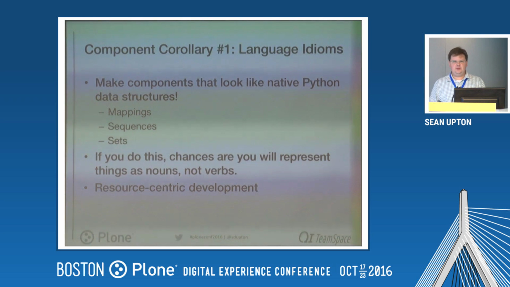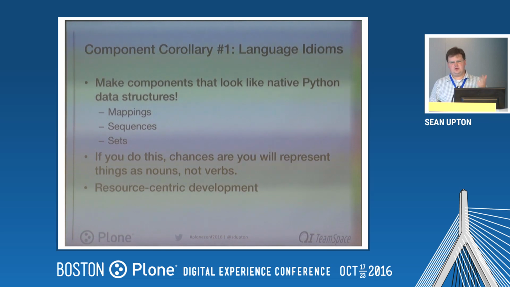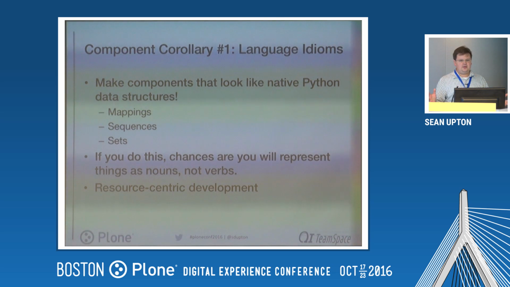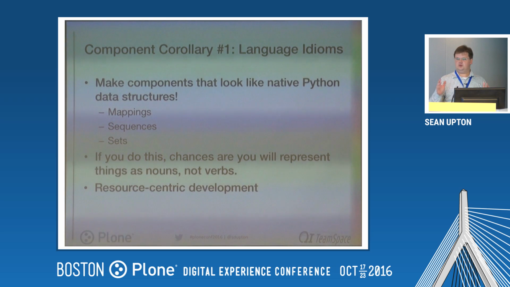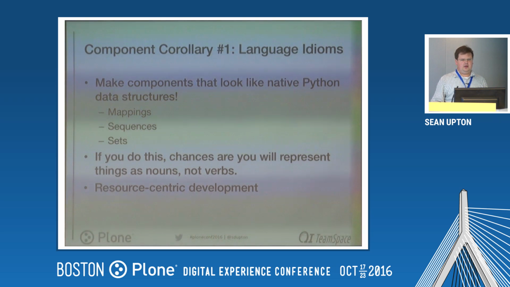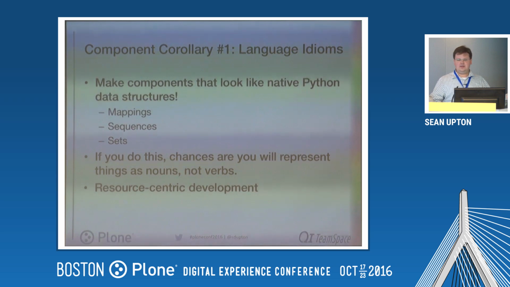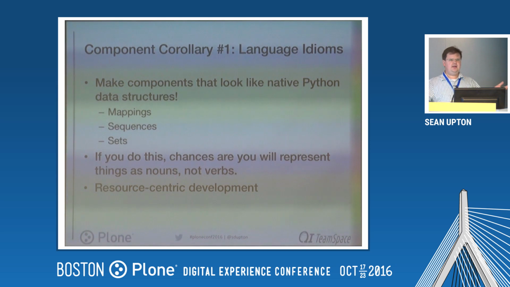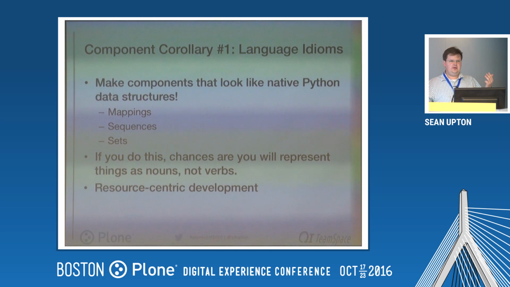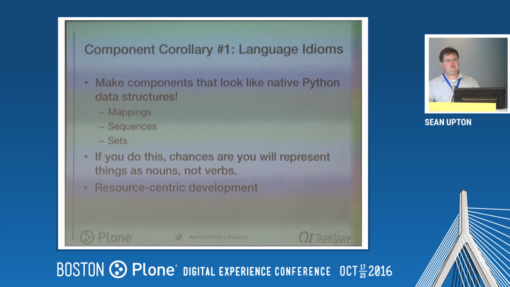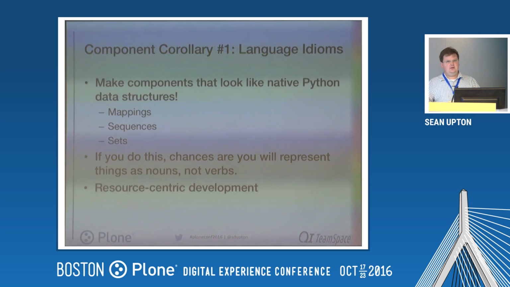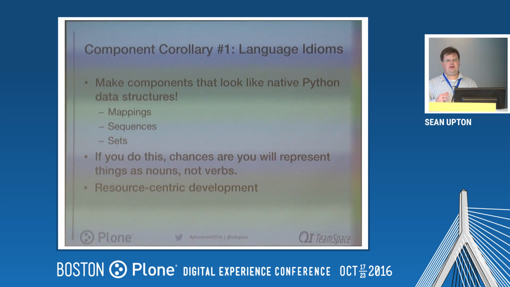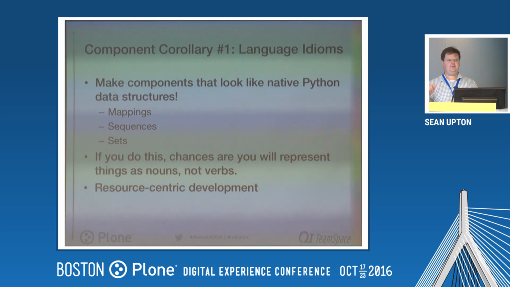We do very similar things with BTrees and persistent lists and other things that we use in the ZODB, but in the end, you want to make components that look like those things. I'm making that argument because I like things as nouns and not as verbs. What I don't want to end up with is, for example, the best example I can give, someone writing a 10,000 line file that is basically a bunch of accessor and mutator methods that have hard-coded SQL inside them.